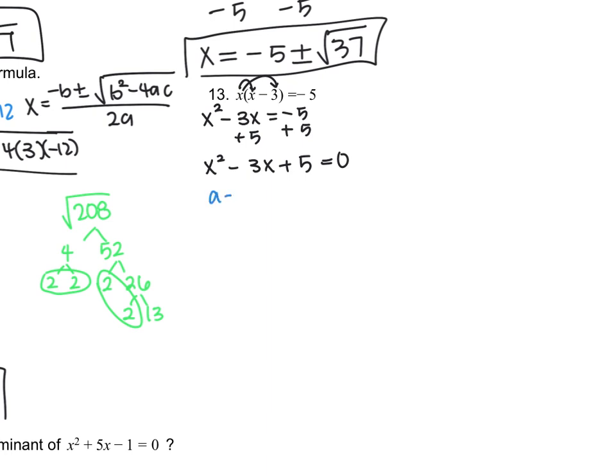Now we can identify a, b, and c. A is 1, b is negative 3, c is 5.